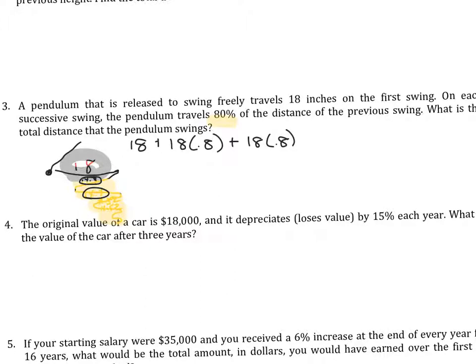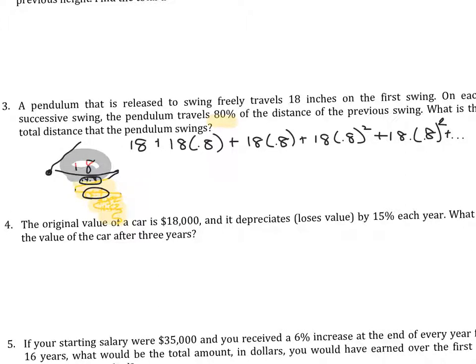So then to get 11.52, I had to do 18 times 0.8 squared because it took 80% of 18, and then I took 80% of that number. And then that happened again because it has to make 2 swings to make that full rotation before it can go back. And then this just keeps going on forever.